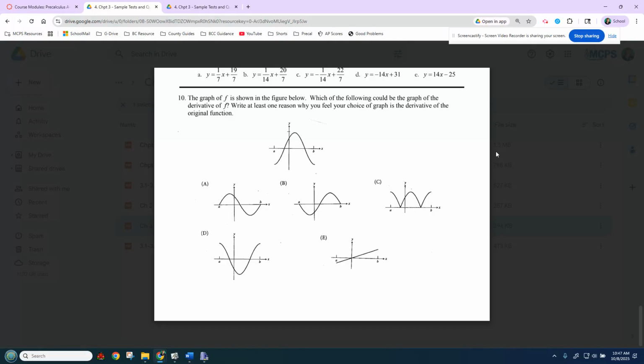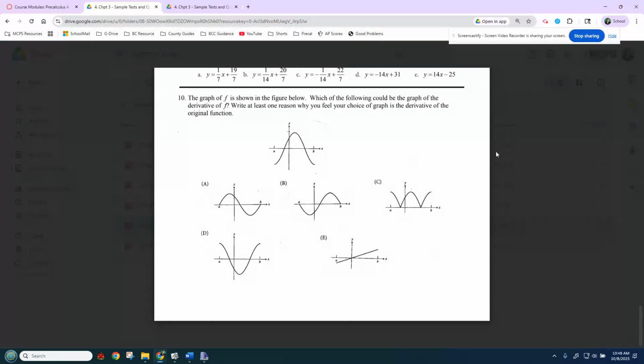Saw lots of different things first. They also got A really quick, but they did it differently. What he said is how I think of it as well. The original function has a horizontal tangent at, I don't know, I'm gonna call it 1. So immediately, I can throw out options C, D, and E. Those are not possible, because as a derivative, it has to hit 0 where that had a horizontal tangent.